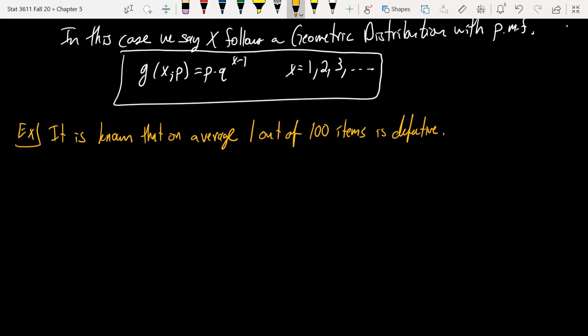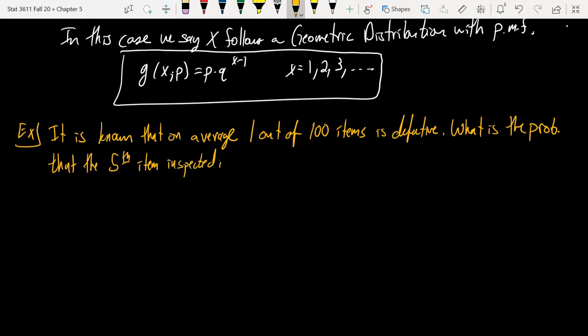What is the probability that the 5th item inspected is the first defective item?